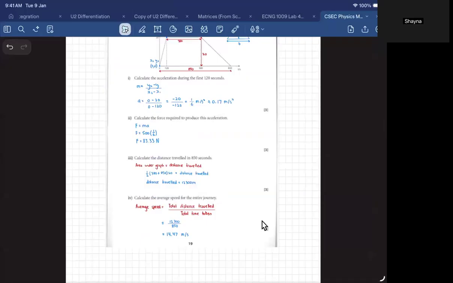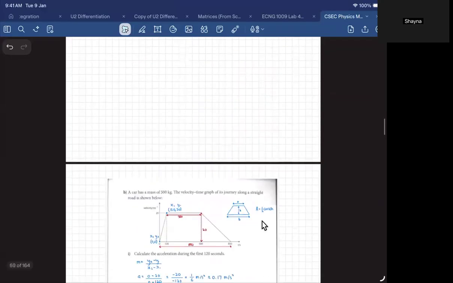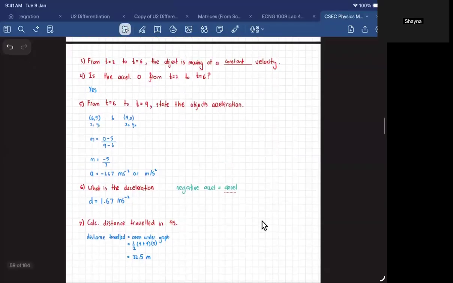Okay. And Shayna, if I were to ask you about displacement, would displacement be the total distance you travel, or would it simply be the distance from the starting point? Yeah, it's the distance from the starting point.